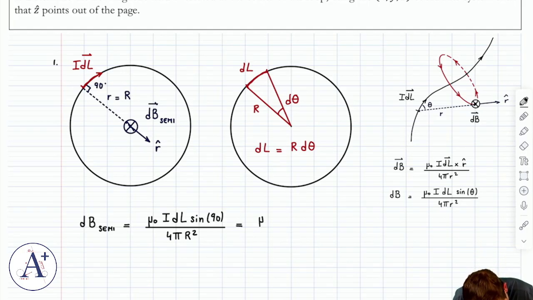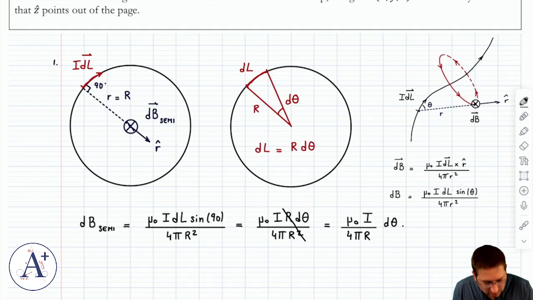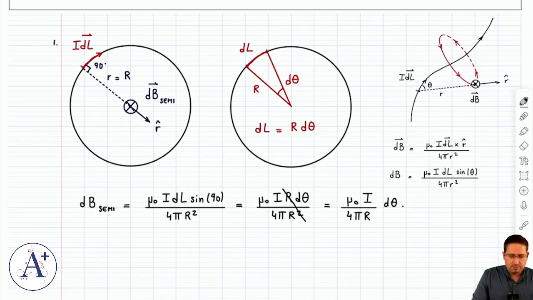Fair enough, that's going to be mu naught I r d theta, sine 90 is 1, divided by 4 pi r squared. Okay, r cancels the square. I get mu naught I over 4 pi r d theta. And just like with slice and dice before, that is just for this little piece of the circular current.